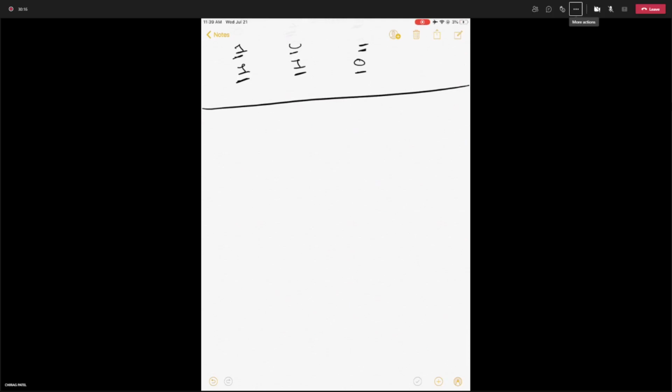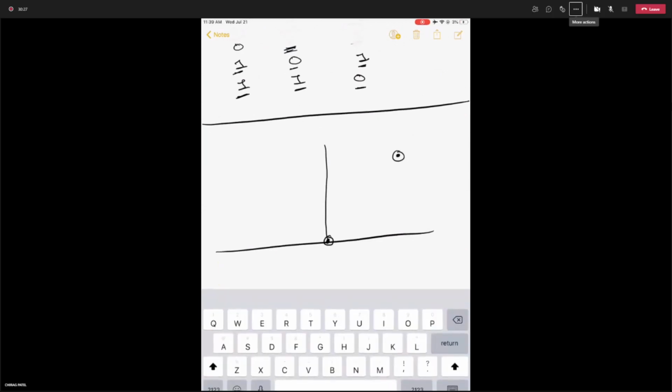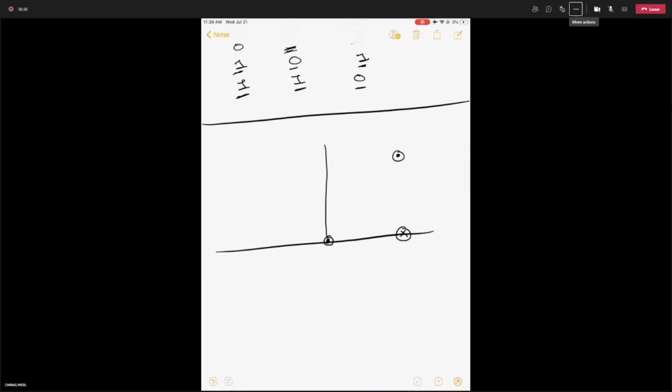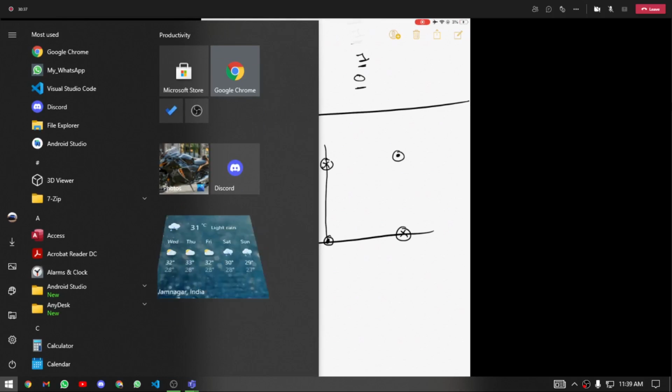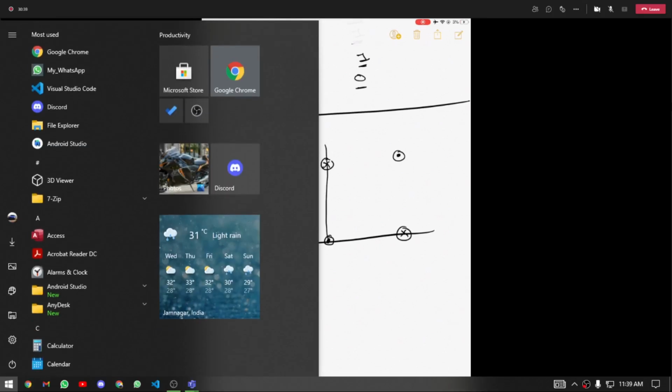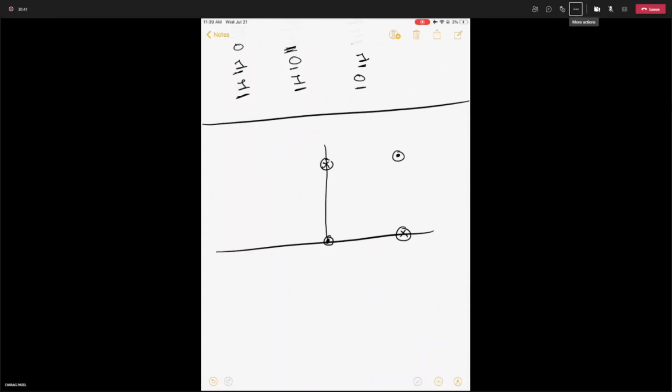If we plot this in 2 dimensions, this is your 0 0, which means 0. This is your 1 1, which means 0. This is your 0 1, this is your class 1, and this is your 1 0, which means class 1. Now if I want to differentiate between my class 0 and class 1, if you are visualizing this, exactly how can I draw this?